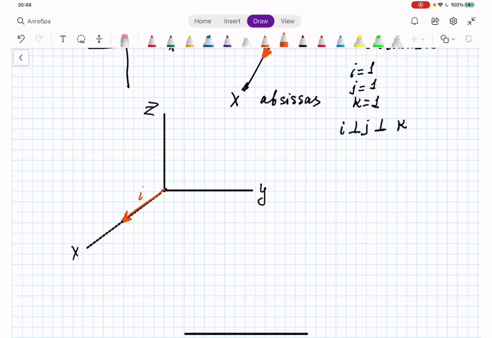This is our j, which has to be the same length. Don't judge me strictly, I'm doing it approximately. They're supposed to be the same length, which is going to be 1. And k.